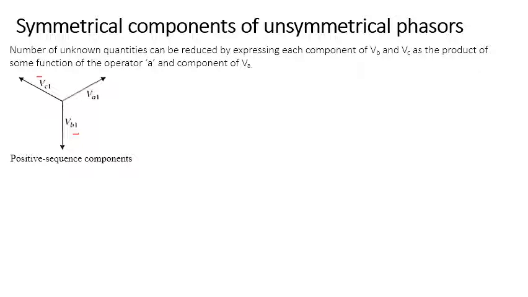Any other two unknown parameters should be converted in terms of the known parameter. So either you consider B and C in terms of A or vice versa. For our convenience, what we generally do is convert B and C in relation to VA1.